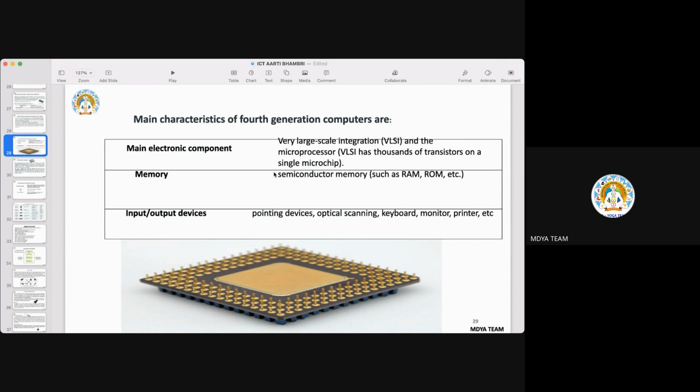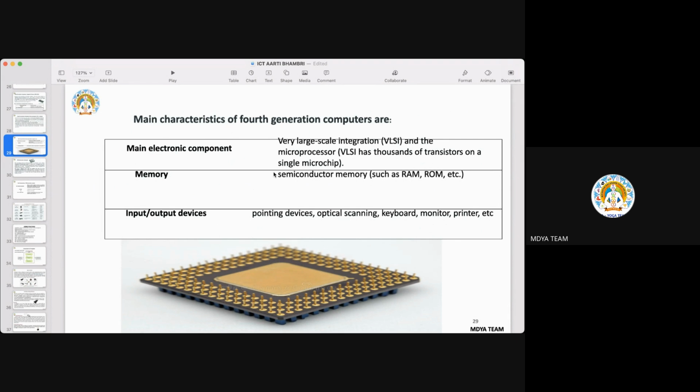So the main electronic component is VLSI, very large scale integration, meaning very many components on a single chip. You can say thousands or more than tens of thousands of transistors on a single chip.